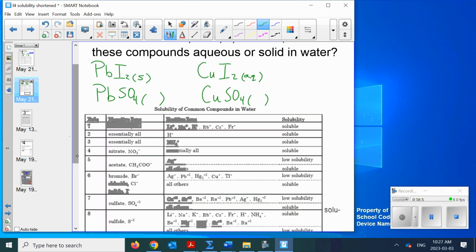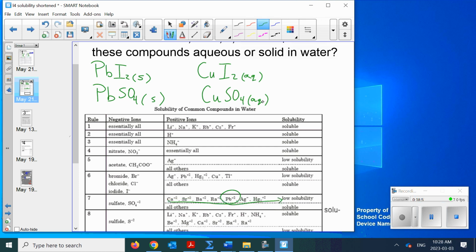Once again, I see lead in that category. All others. Well, I guess copper must be one of the others. Does that make sense? Okay. We know how to reason through these things.